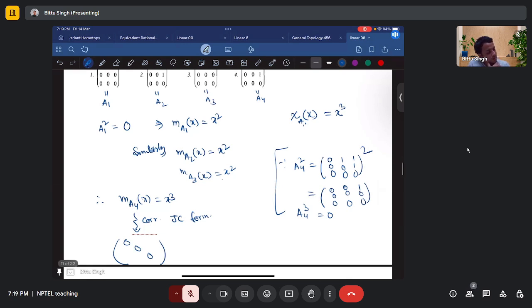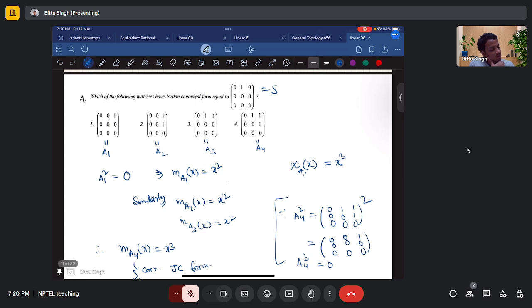But the highest degree which appears in the Jordan form for this x minus 0 factor is 3. So there must exist a Jordan block of size three, J3 of 0. But this is actually a 3 by 3 matrix itself, so the Jordan block for this will look like this.